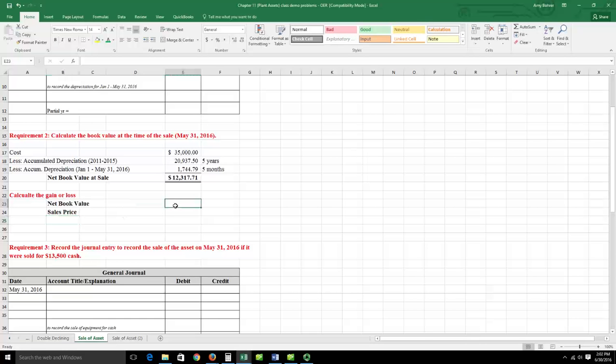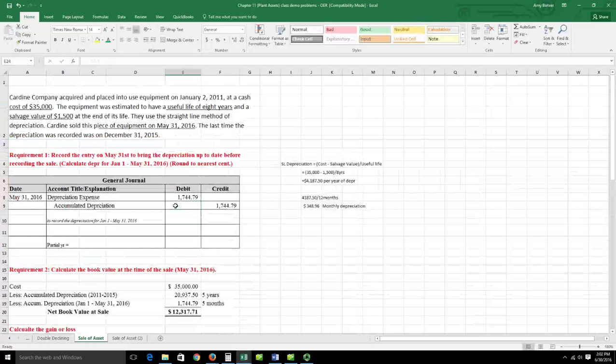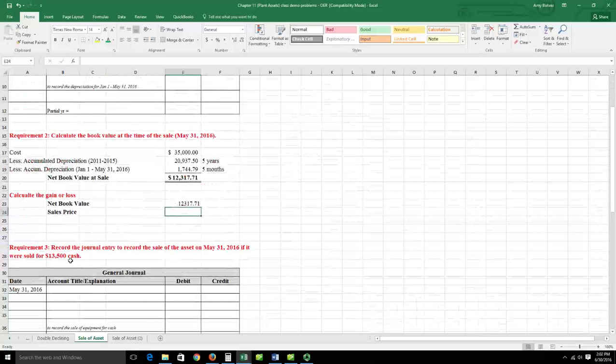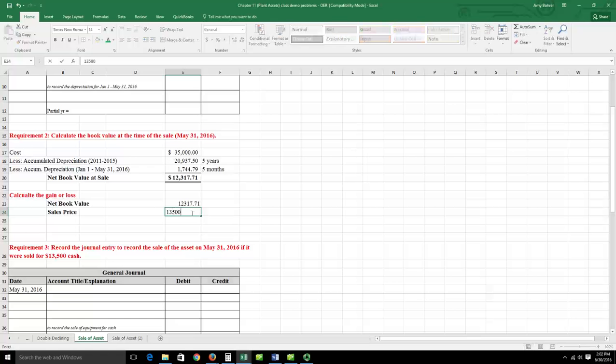So I have a net book value of $12,317.71, and it told me that I sold it for $13,500 cash. Let me convert these both. There you go. So, do I have a gain or do I have a loss?